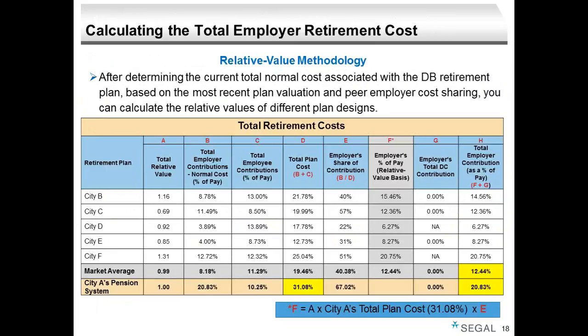When we look at those employers' cost contributions on a relative value basis, the average contribution is 12.44%. And here we're just talking about the defined benefit plan.